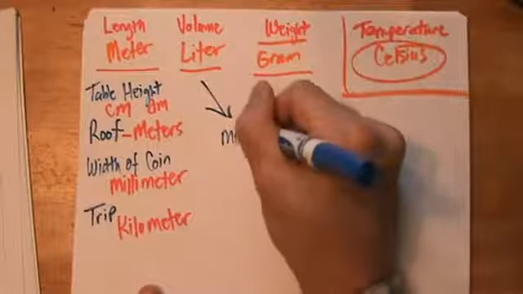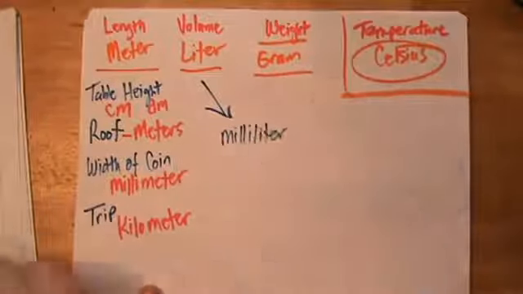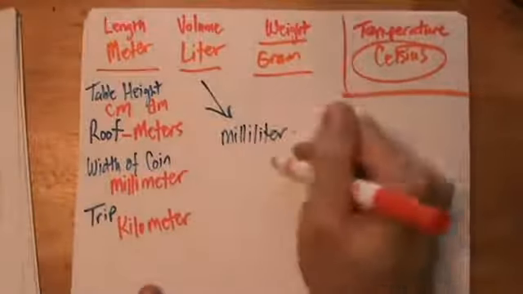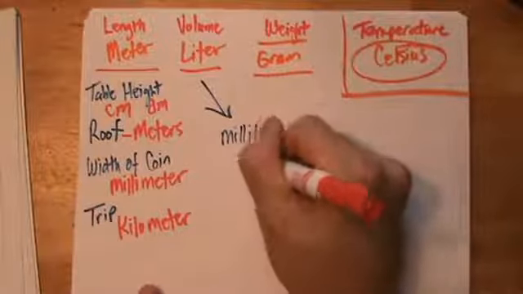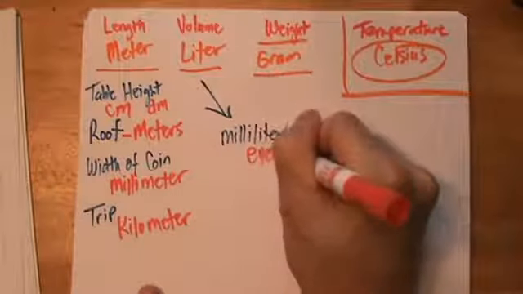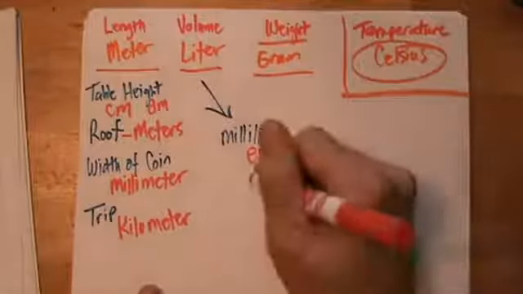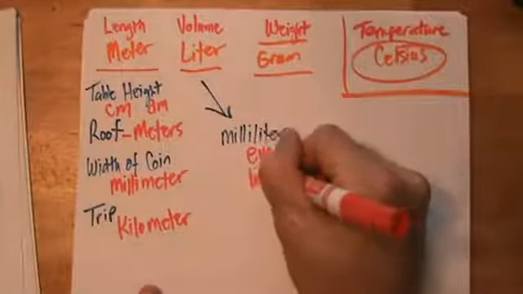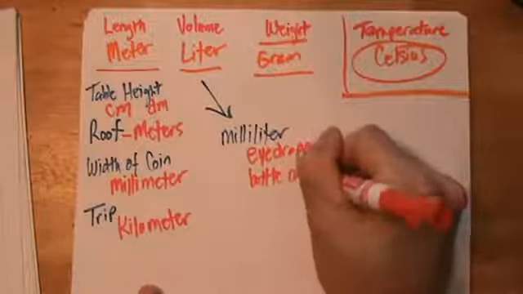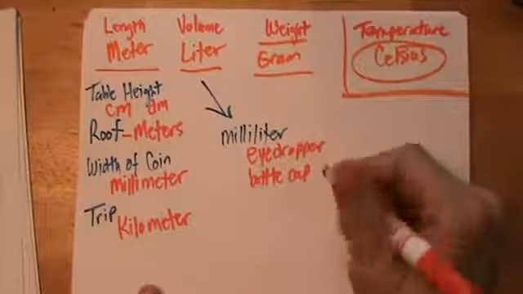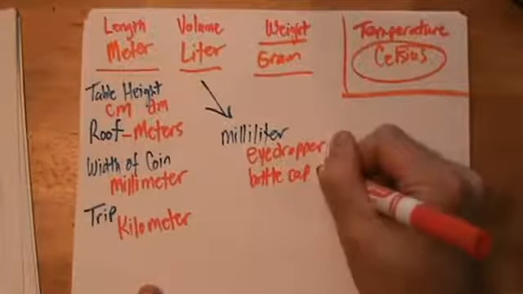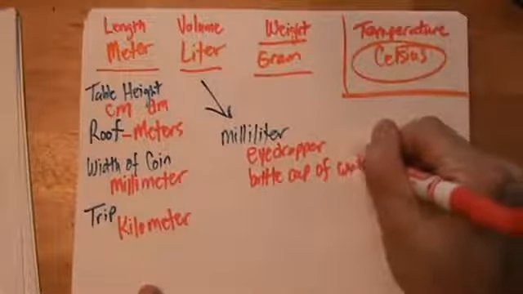A milliliter is going to be used to measure very small amounts of a liquid, for example, liquids that might be found in an eyedropper, or maybe a bottle cap full of water. So that bottle cap of water.